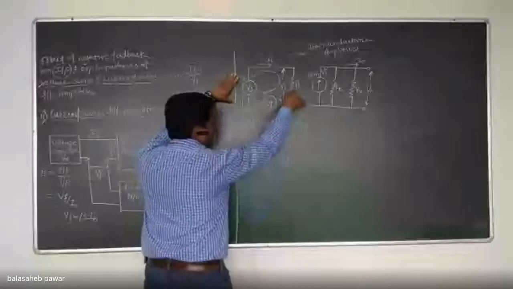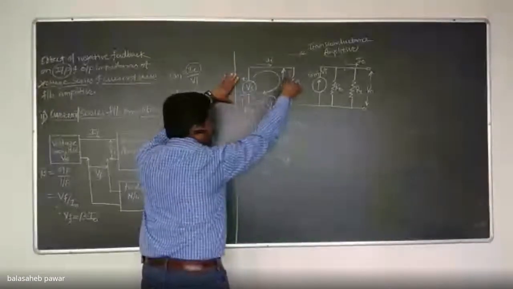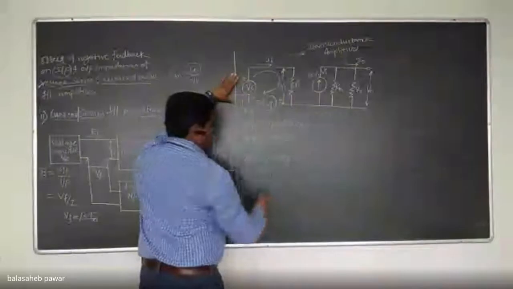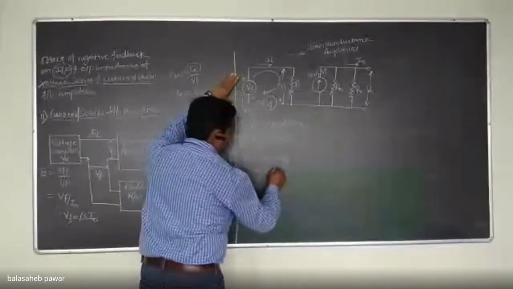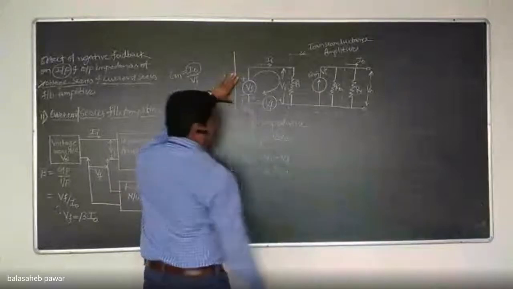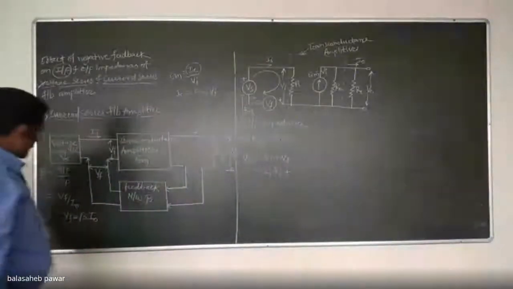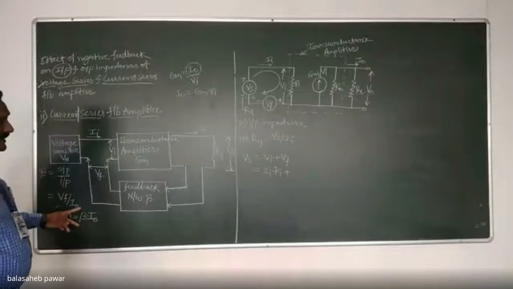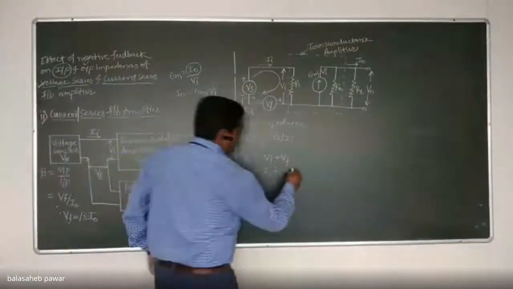That is equal to II times, this VI is nothing but the drop across Ri. How much will be the drop across Ri? That is nothing but the current flowing through Ri into Ri itself, plus VF. What is VF? We already defined that VF is beta times IO. Correct now?